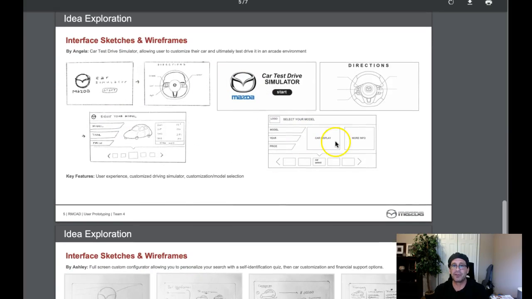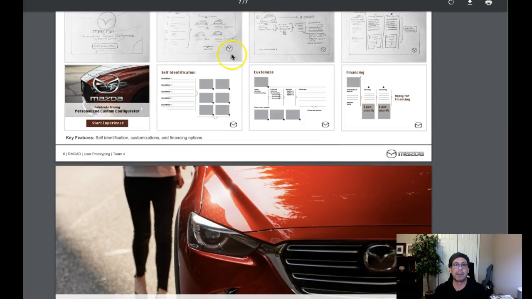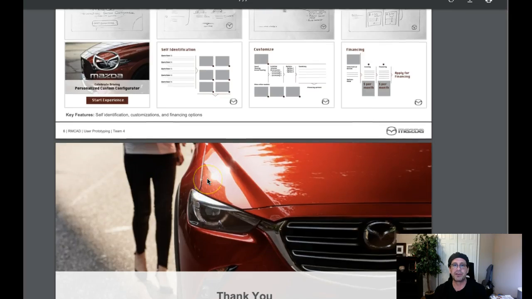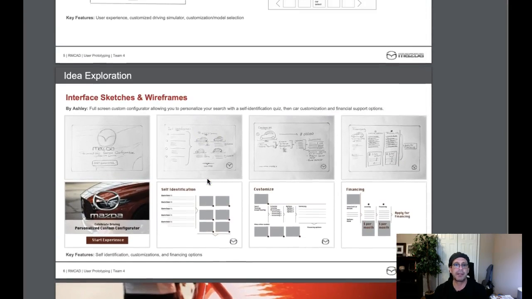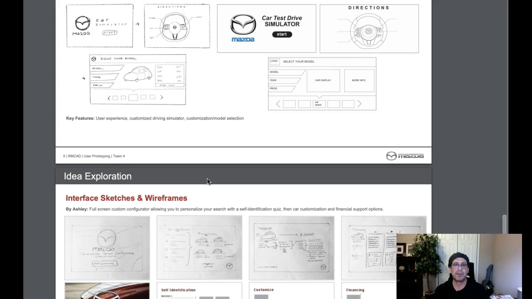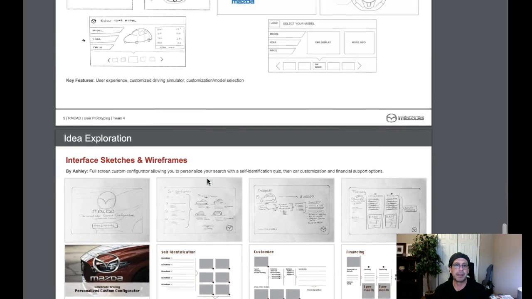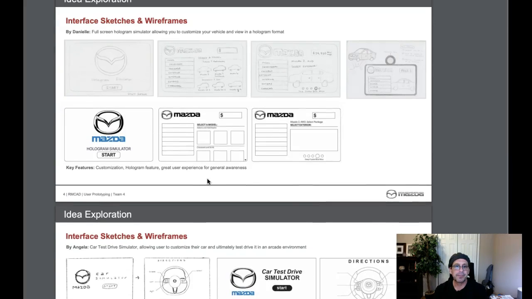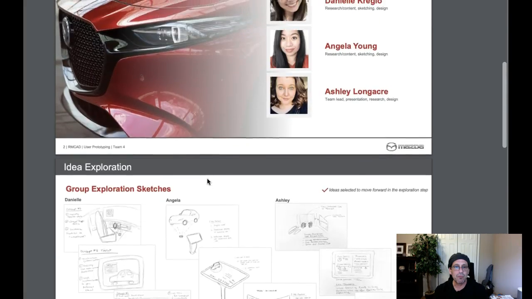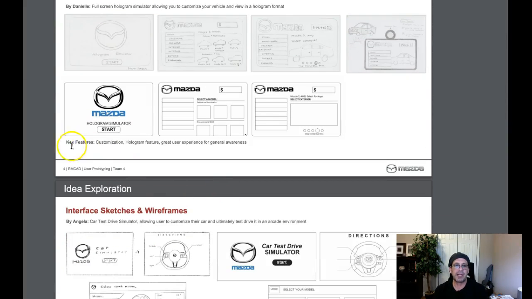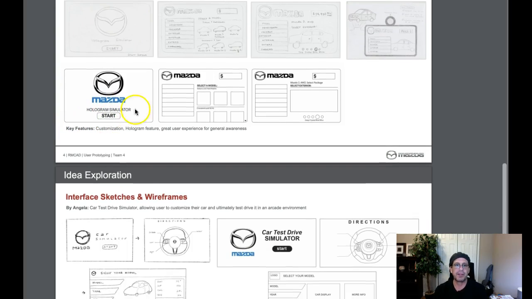So, and then we have this wonderful format. Now, my only recommendation is, each of the 3 pages is done beautifully. My only recommendation moving forward is this. You know what? For consistency, I would pick a spot here. Right now, you've got the key features listed underneath, like X amount of pixels underneath the wireframe.